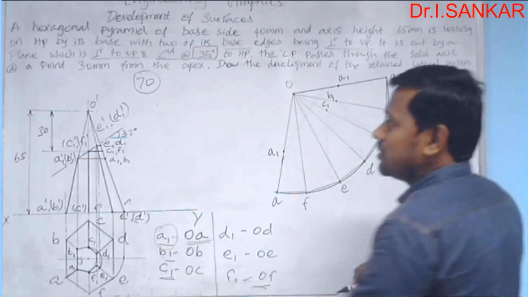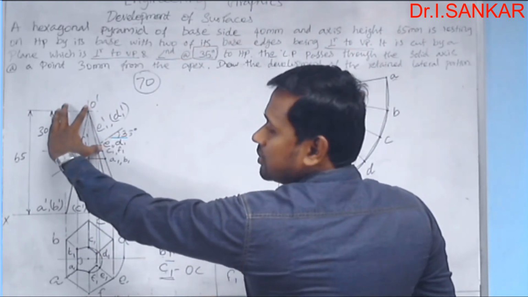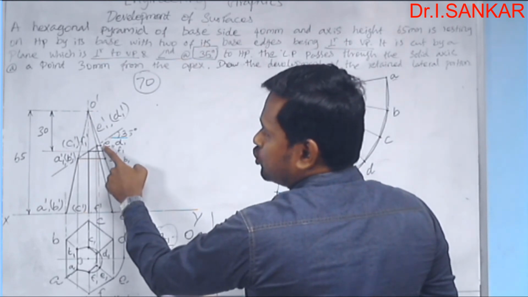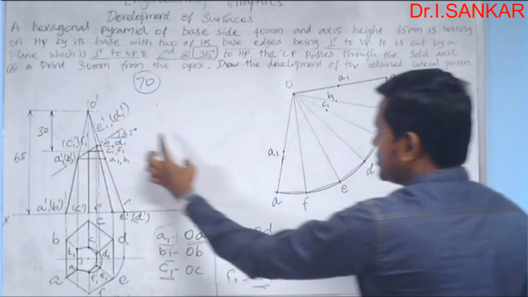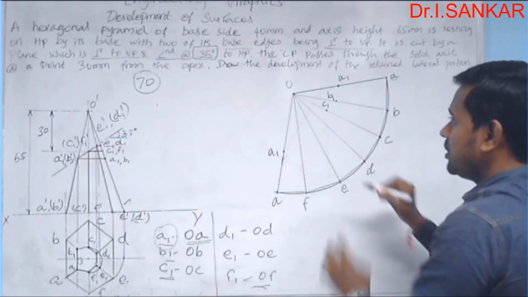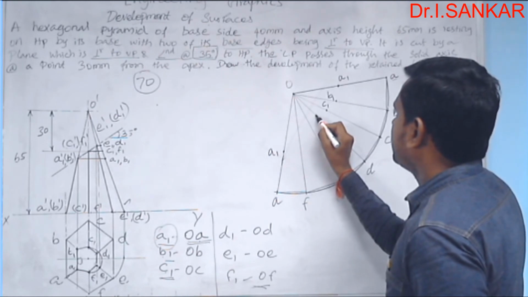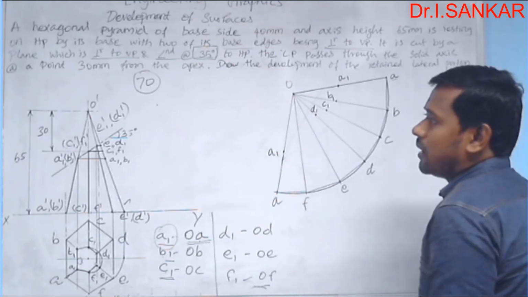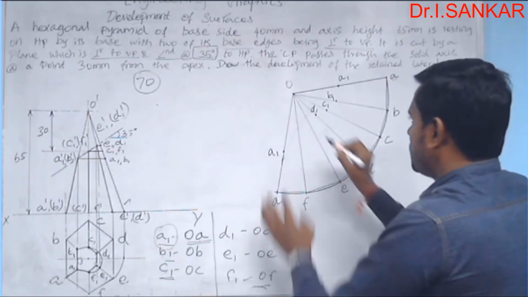This is C1. In the same way, O dash D1, see here, is located here on the true slant edge length line. From O dash you have to measure it. O dash D1, in OD you have to mark it. It is D1. And E, measure the distance, mark it in the right place.